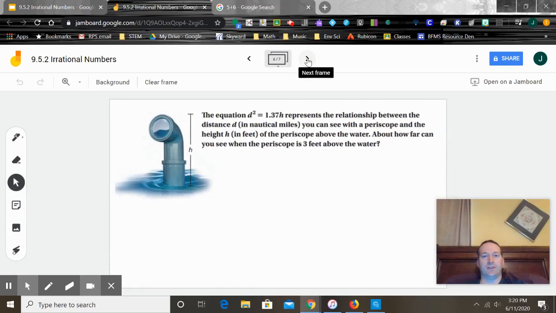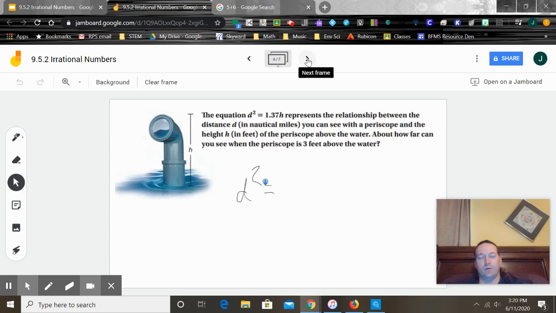Let's come to the last question. The equation d squared equals 1.37h represents a relationship between the distance in nautical miles d you can see with a periscope and the height h in feet of the periscope above the water. About how far can you see when the periscope is 3 feet above the water? So 3 feet is h.